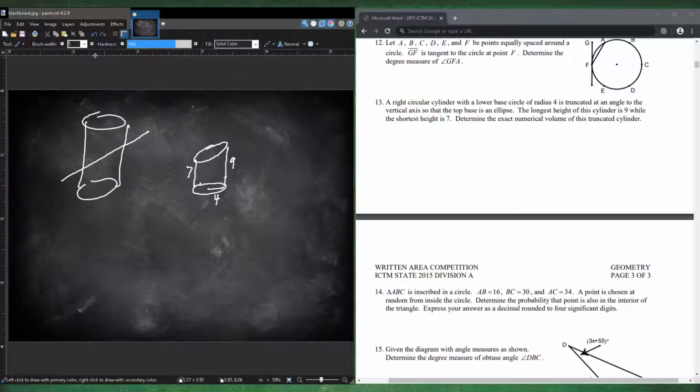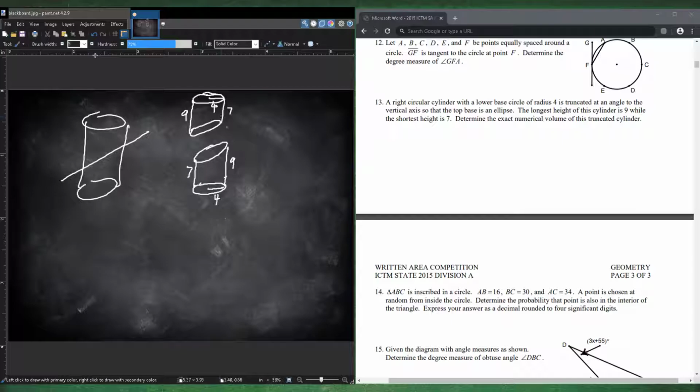So we need to find the volume of this. What you could think about is, what if this is a full cylinder, and we cut it right here. The volume of this one is not necessarily the same, but imagine we have another one like this, and this one was 9, and this one was 7, and this is also radius 4.